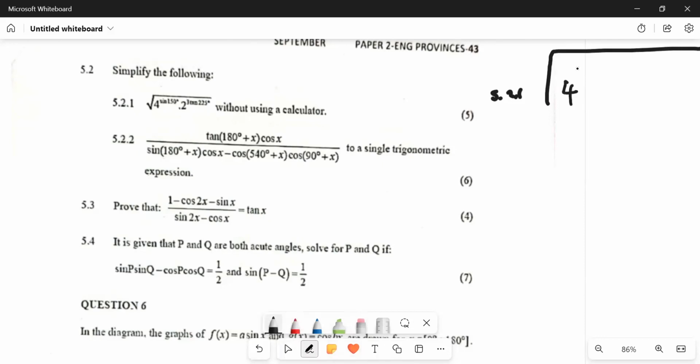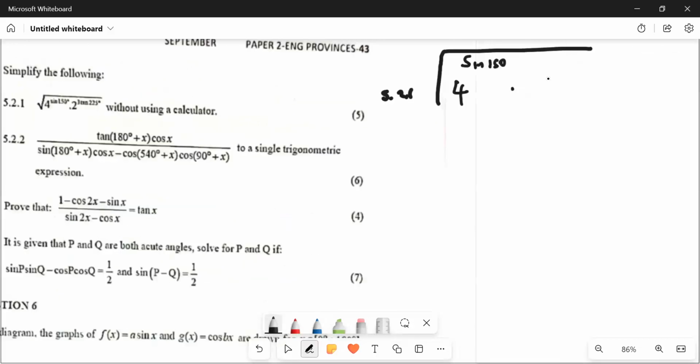Okay, we have 4 sine 150 multiplied by 2, and then 3 tan 225.